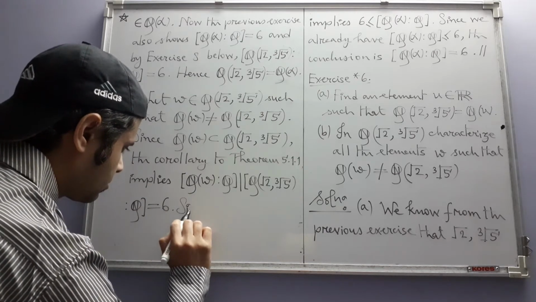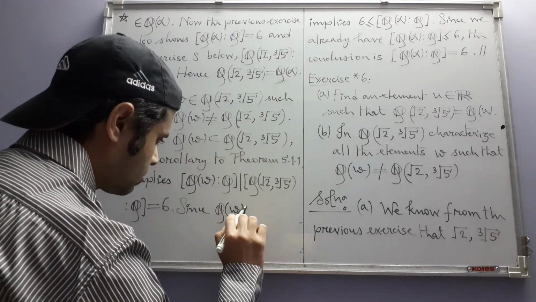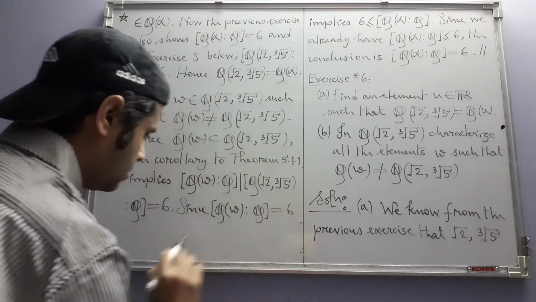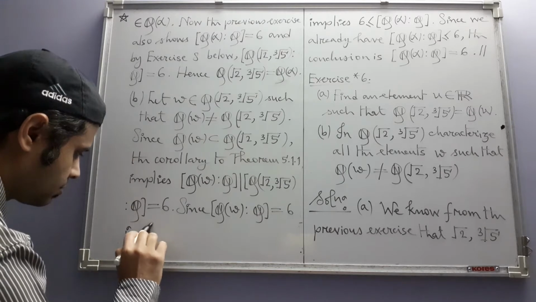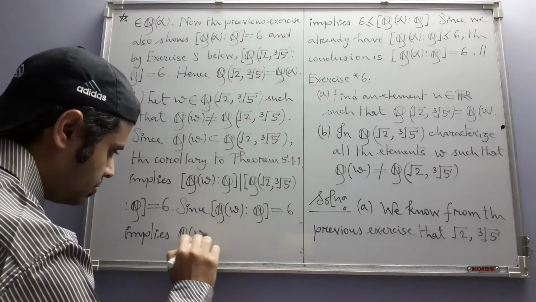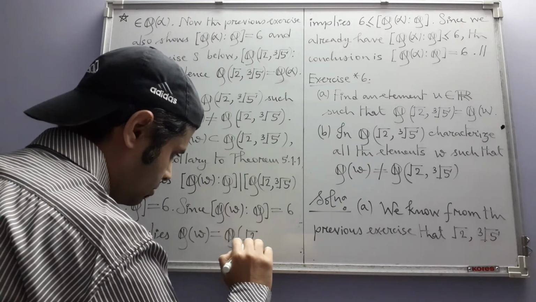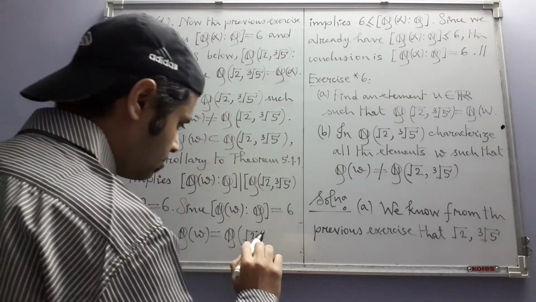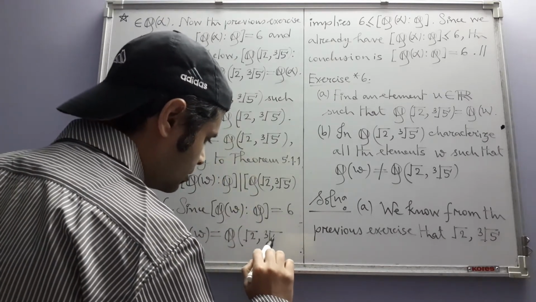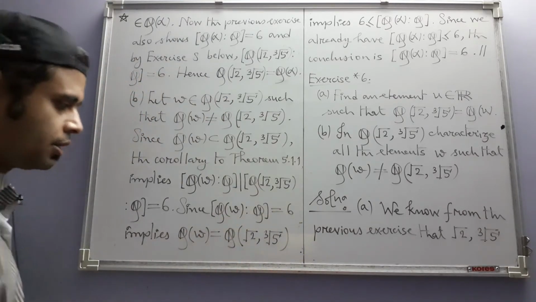Since this equal to 6 implies that Q(w) is equal to this, which is not true, of course, because we assume w to be a number for which we don't have equality, but this degree implies that we must have equality.